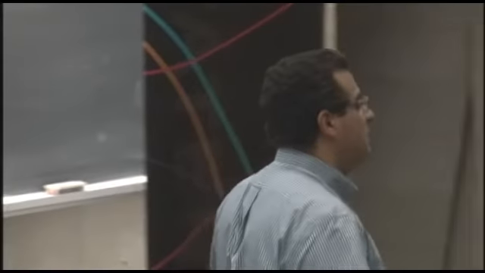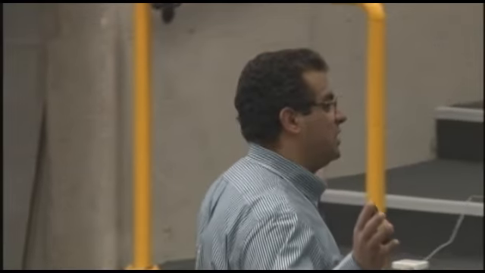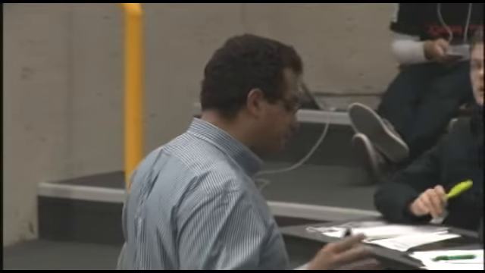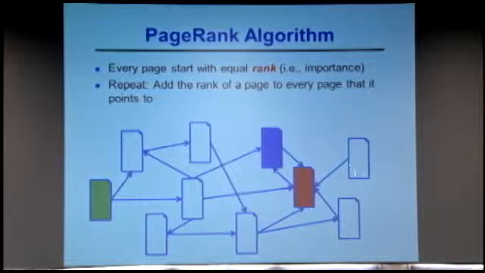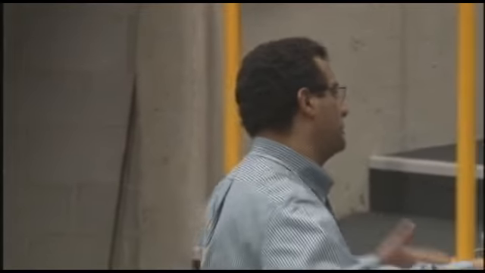So every page starts with an equal weight. First of all, what's the input to this PageRank algorithm? The input is the set of web pages and the set of links from one page to another. So the algorithm knows about the set of pages and the links between them.